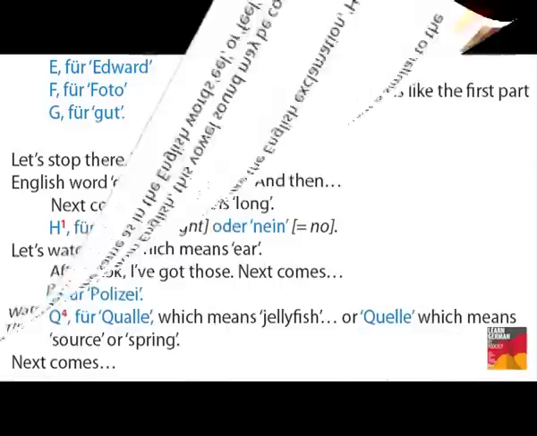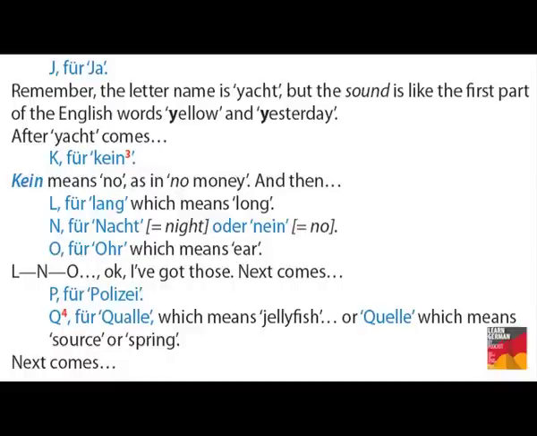Next comes, J für Ja. Remember, the letter name is yot, but the sound is like the first part of the English words yellow and yesterday. After yot comes, K für kein. Kein means no, as in no money.